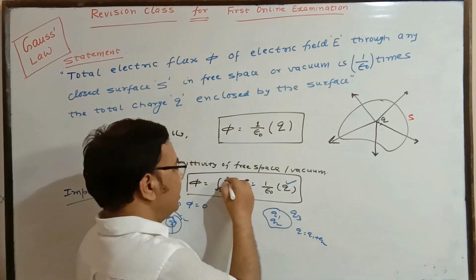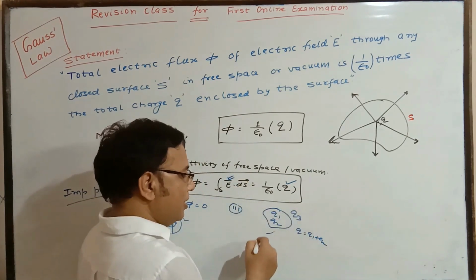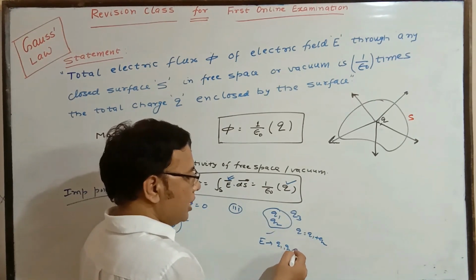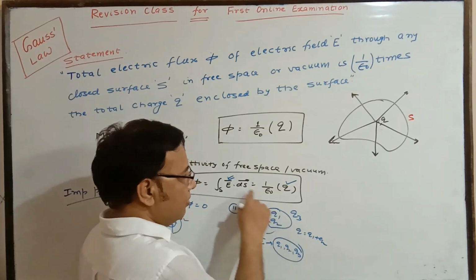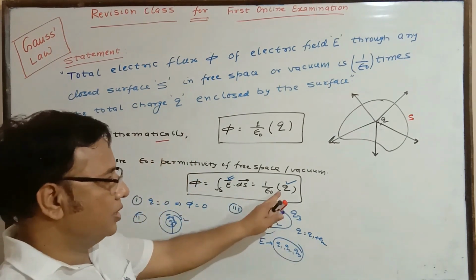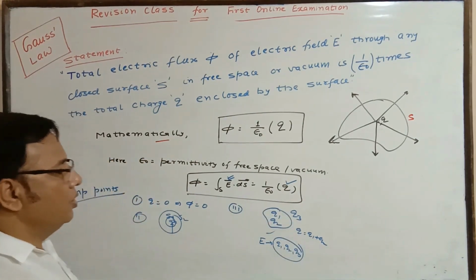In the same case, the electric field is due to all three charges, Q1, Q2 and Q3. On the left-hand side of the expression, the field is due to all three charges, but the total Q is only the enclosed charge; that is what we have to take care of.